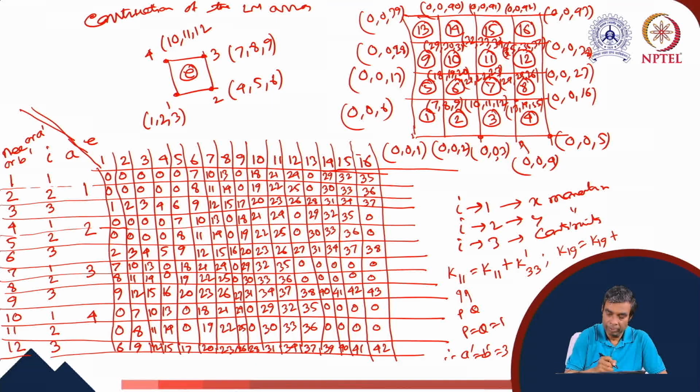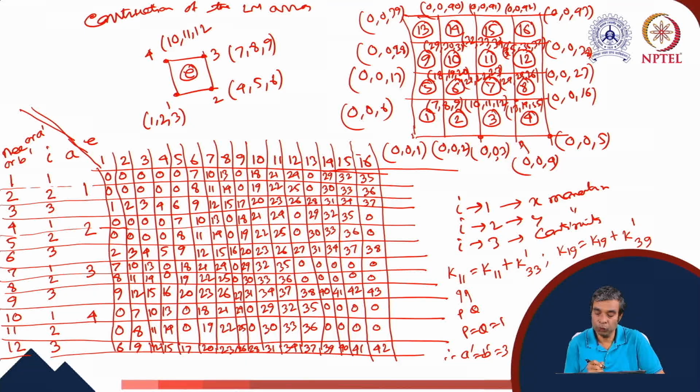So here P equals 1 and Q equals 9. For the first element, P equals 1 means A prime equals 3. And for 9, B prime is also 9. So it will be K19 equals K19 plus K391.